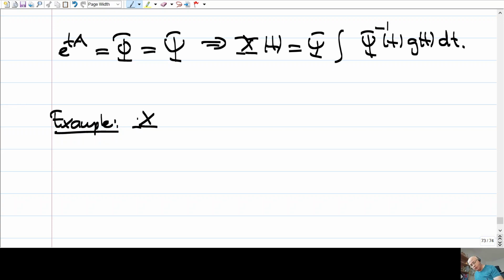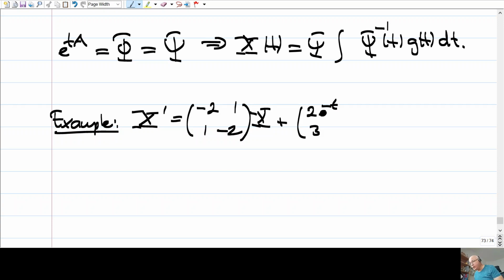So let me consider this problem. x' = [[-2, 1], [1, -2]] x + [2e^(-t), 3t]. So this has the form x' = Ax + g, right?